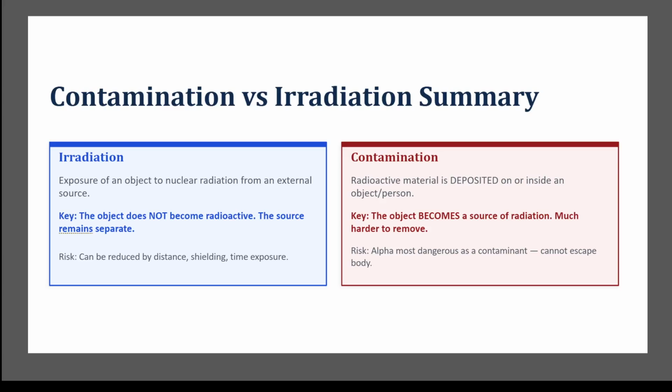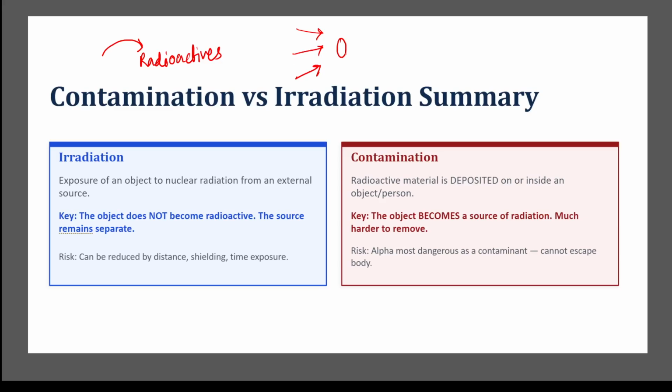Now this one, sometimes the question would just be asking you the difference between contamination and irradiation. Say if somebody touches a radioactive substance, that is contamination. Fruits and vegetables are always irradiated to kill the bacteria which spoil them. Say you're shining some gamma radiation on a piece of fruit.